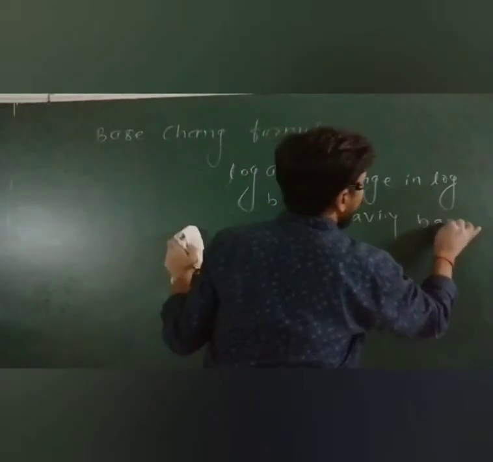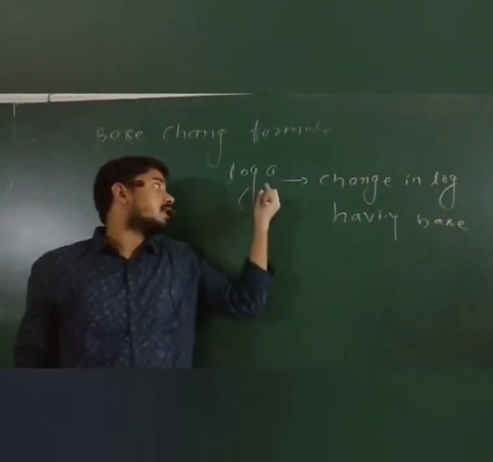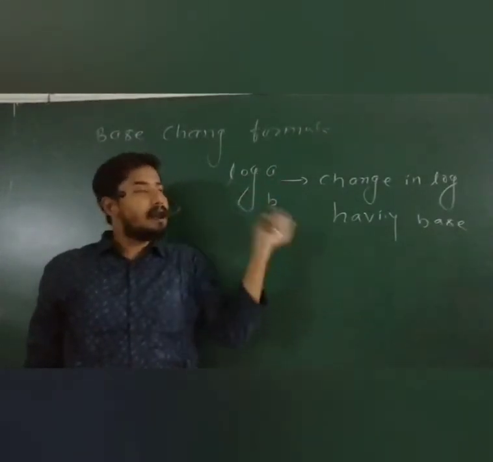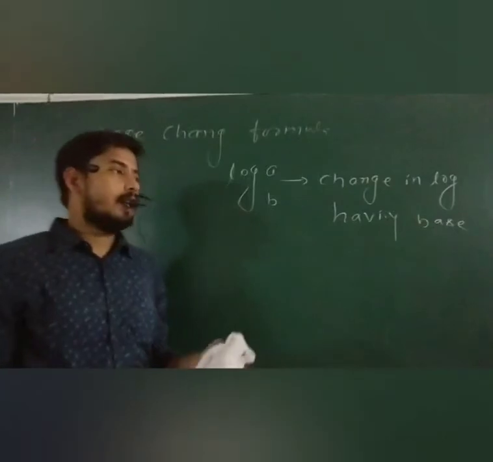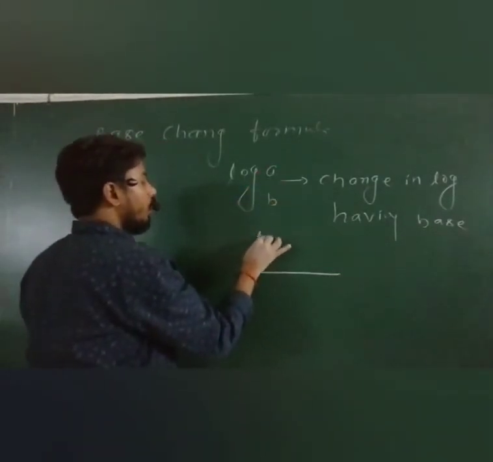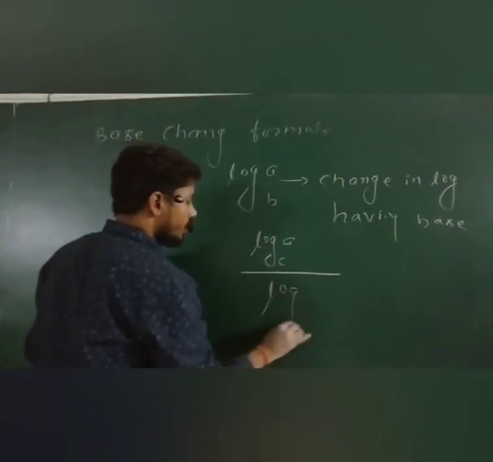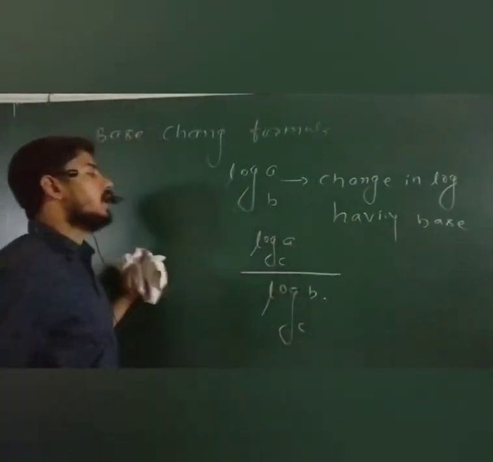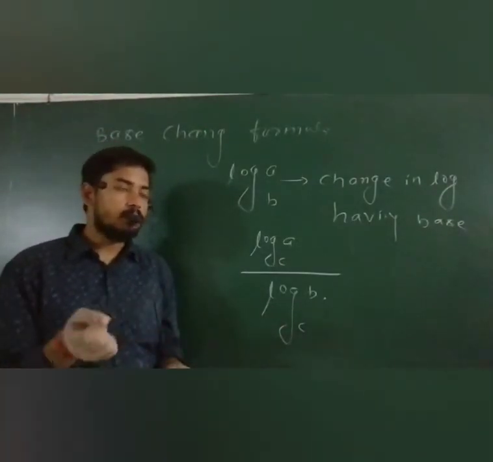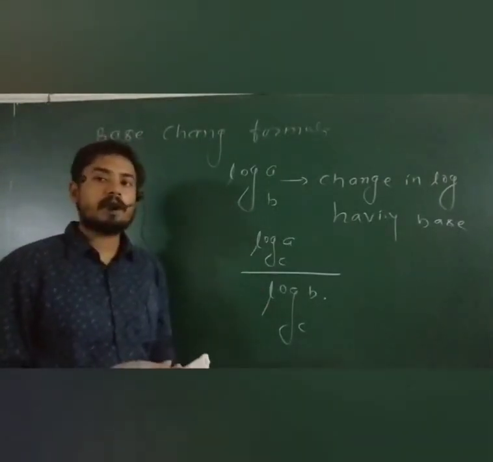Right now it is given base b and argument a, but we want to change this log into base c. So simple, take one line, write up log c argument a, down log c argument b. This is called the base change formula. Done, buddy? Okay. Then we will study types of log, and after that we will start practice.